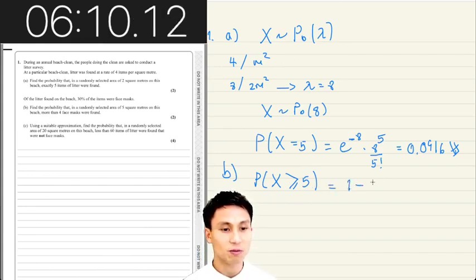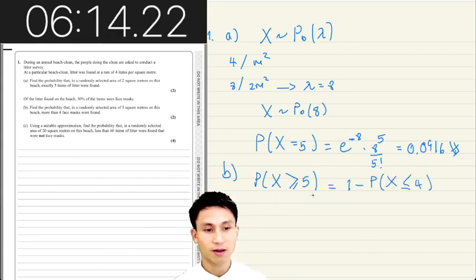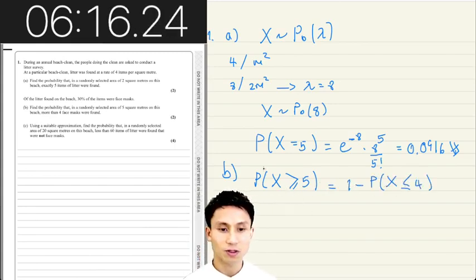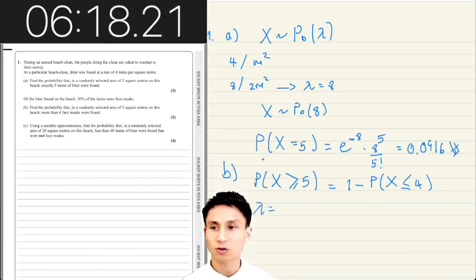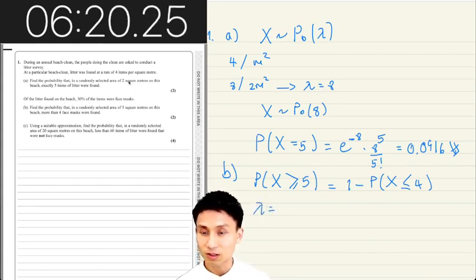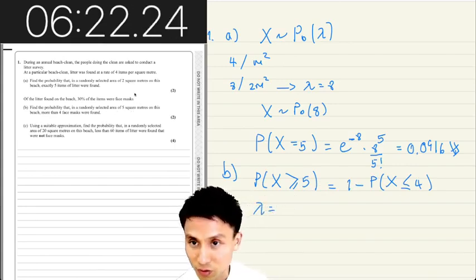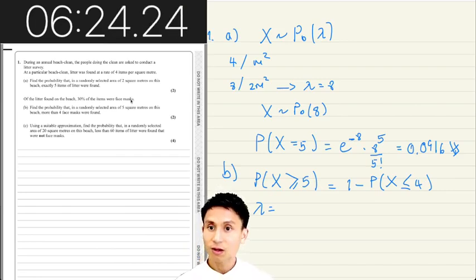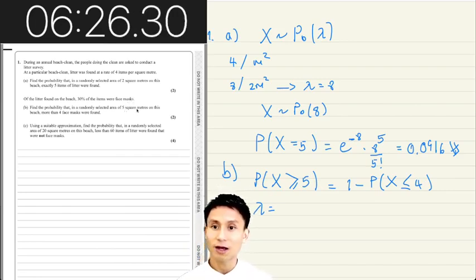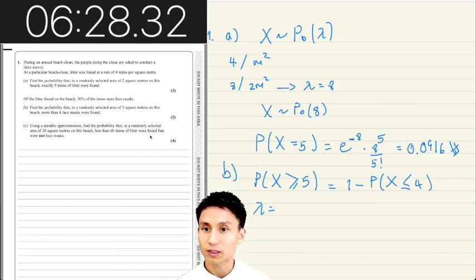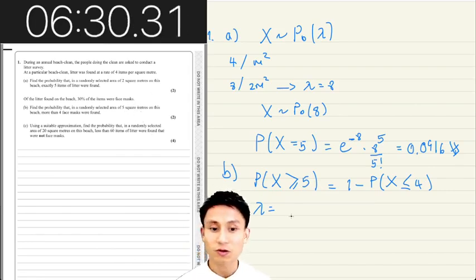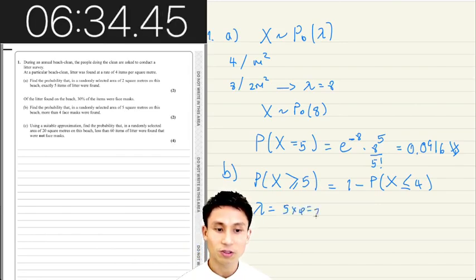So that will be 1 minus P(X less than or equal to 4), okay? And lambda, because this is 5 square meters, so we multiply 5 divided by 2, okay? Wait, no. Per square meter is already 4, so lambda will be 5 times 4, which is 20, yeah?